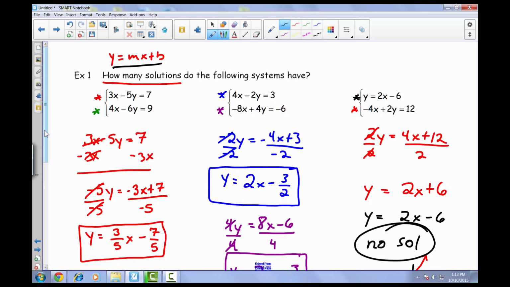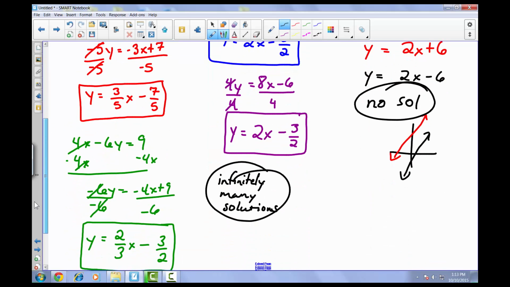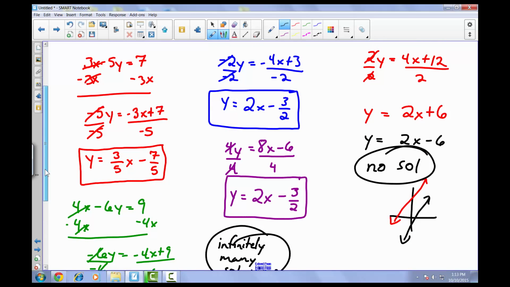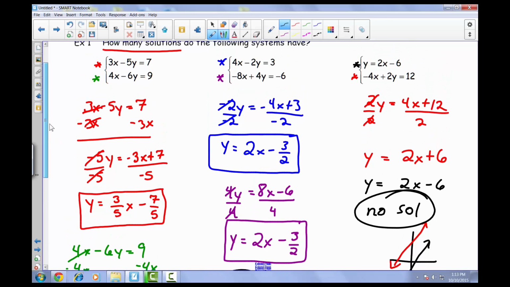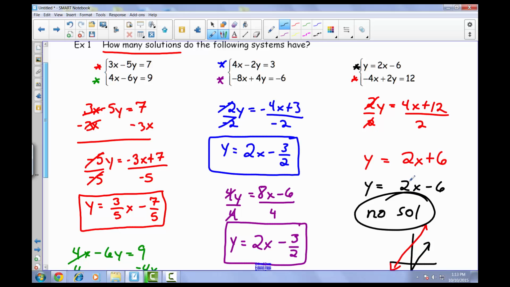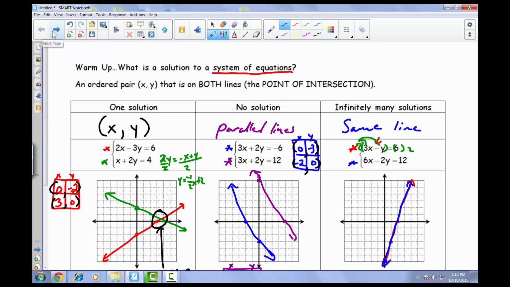If it's one solution, all they need to do is have different slopes. If you're in infinitely many solutions, they literally have to be exactly the same line in terms of y equals mx plus b. If you're looking at no solution, they have the same slope, different y-intercept. Kind of going back to the definition, I think we should throw that in there. For one solution, we would have different slopes. That's the criteria.